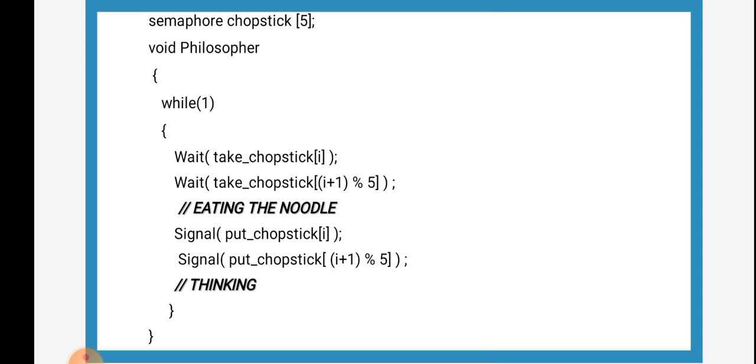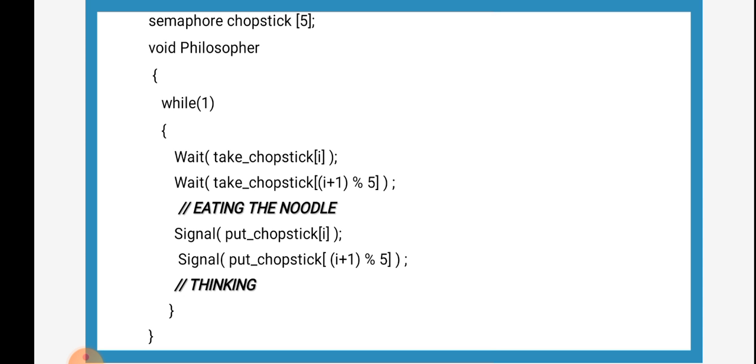So what is I here? I is initially 1, meaning the wait semaphore value is now 1. So chopstick 1 has been picked up by philosopher P1.